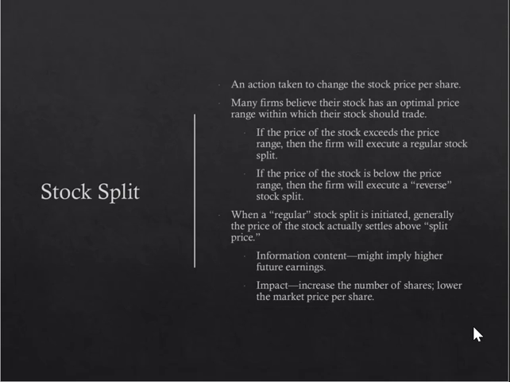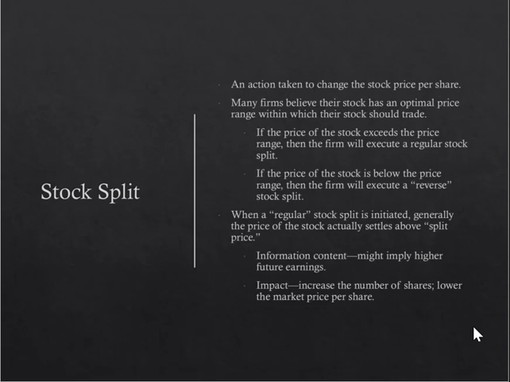So a stock split is an action to change the stock price per share. Firms believe, like I just mentioned, that a stock has an optimal price range in which it should trade. If it gets too high, the firm will execute a stock split. So if the price of a stock gets above 100, and they say our optimal trading range is below 100, they may issue a 2-for-1 stock split, which doubles the number of shares outstanding but reduces the price from 100 to 50.